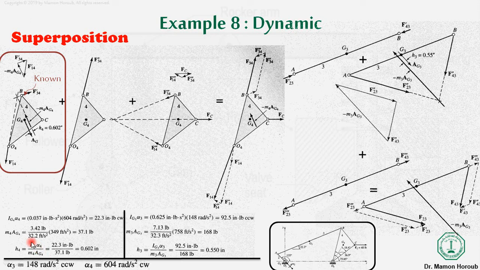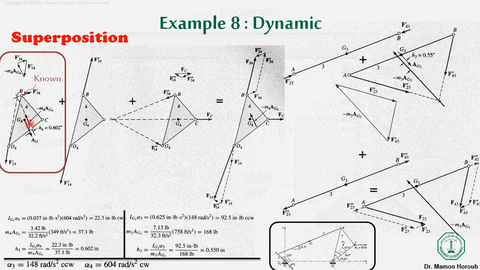As I told you, Ig4 into alpha 4 is equal to the inertial moment, and m4 Ag4 into h4 will also give you the inertial moment. So from here you can find the value of h4, which is the distance from the center of gravity, starting from here until here. We already know from the acceleration polygon that Ag4 is in this direction, so the inertial force, minus m4 Ag4, will be in the opposite direction.